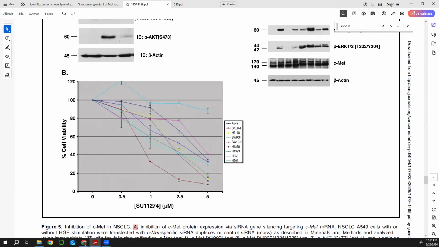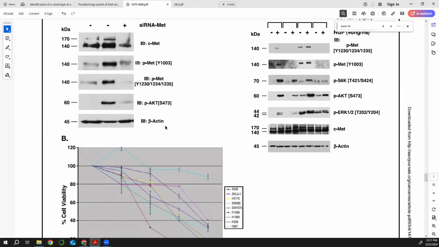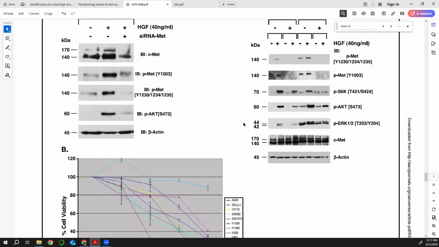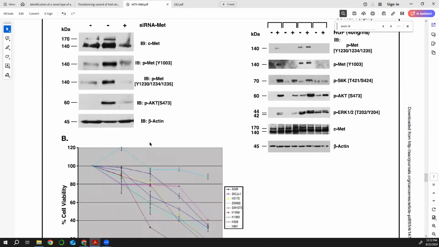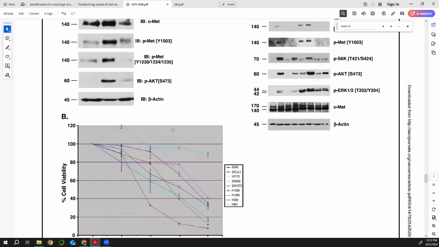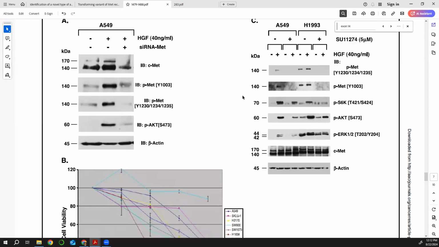So you can shut down the pathway, and shutting down the pathway seems to lead to the inhibition of cell growth in vitro, in these cell lines. And here is looking at two different cell lines with this inhibitor. They do mention that they looked at cell viability with siRNAs too, and they found similar results.